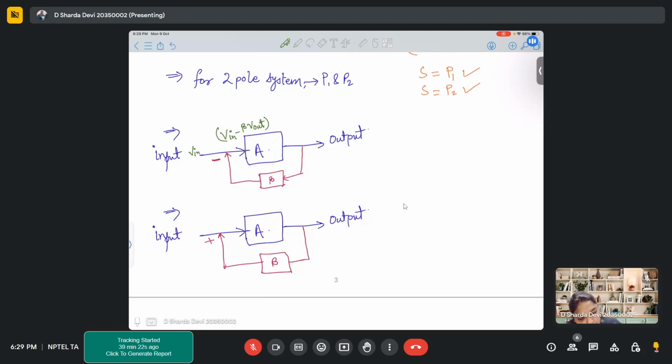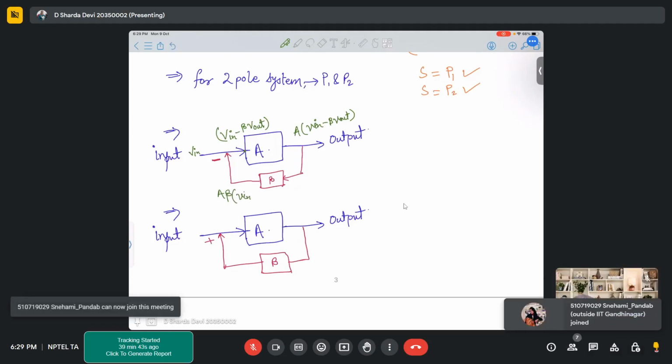And at this point, what is the output that you will be getting? It is A times V in minus beta times V out. Now this is what you are feeding into beta, so beta will get multiplied. So this is A beta times V in minus beta V out.